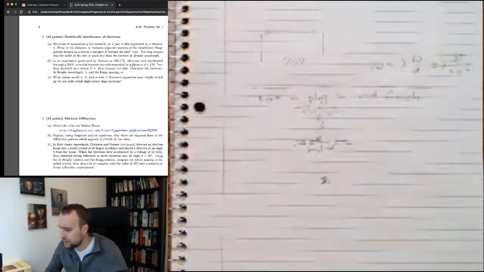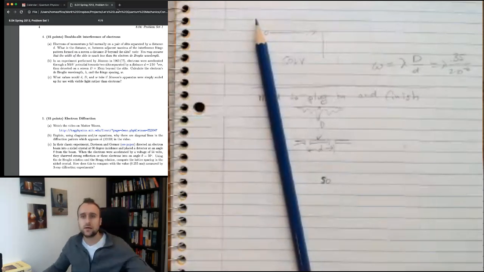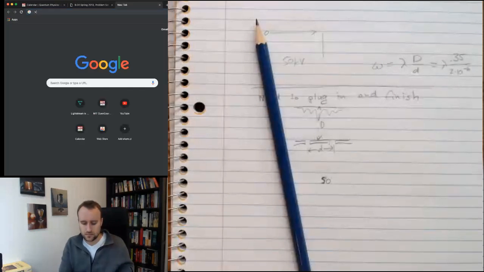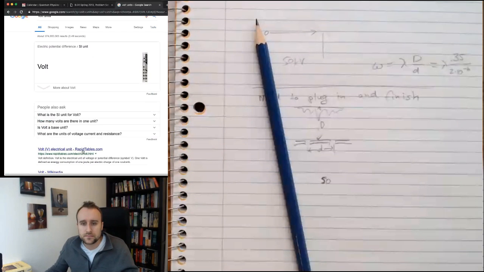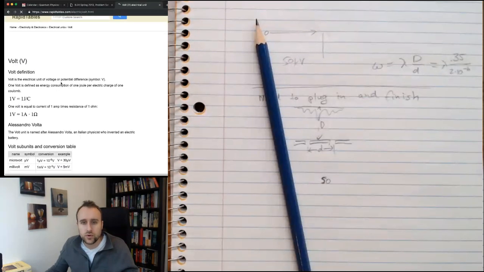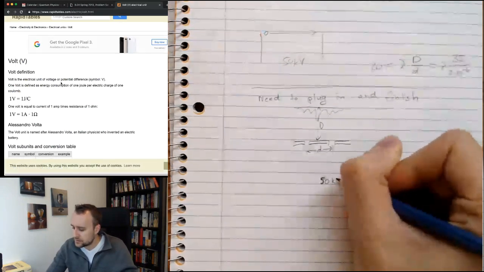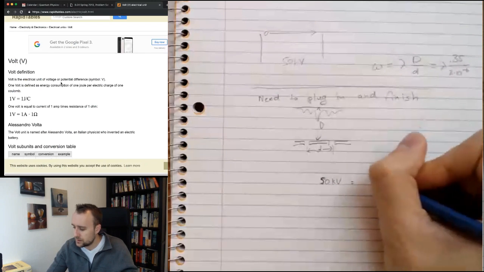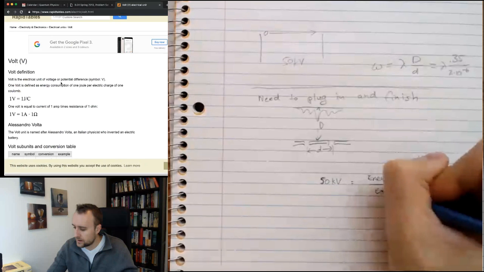Do I need to have anything for kilovolt potential? Hold on a sec, let me just check here. I have to double check these things. Yeah, joule per coulomb. So this is 50 kilovolts, so it's equal to energy divided by electron charge.